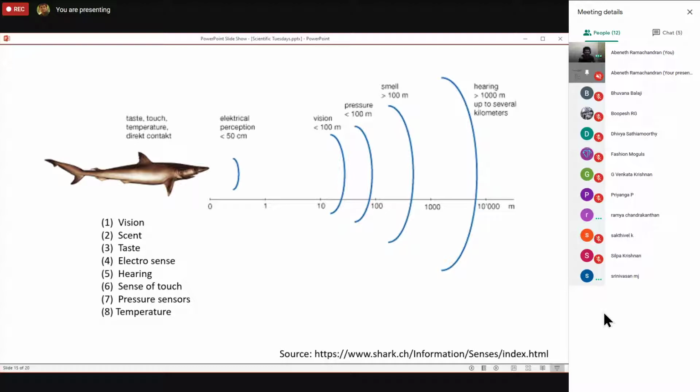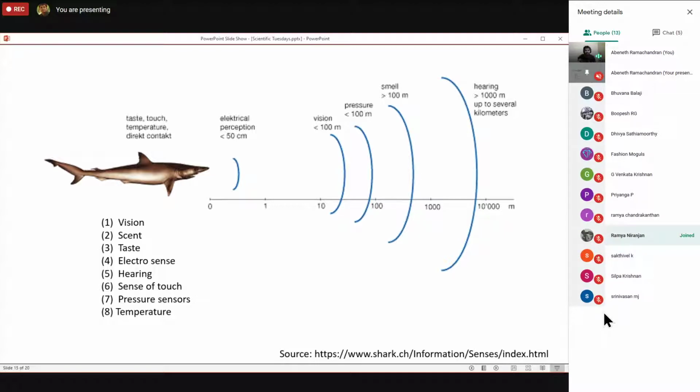So it has vision, it has eyes, it has scent to smell something, and taste with its tongue. Electrosense is an even more powerful sensory perception, where it can detect electrical signals from a long distance.